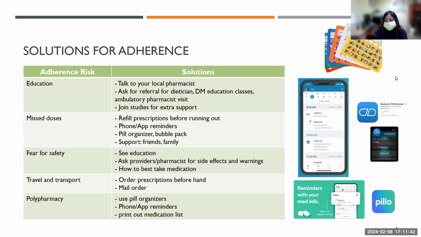But I will say that this would be more recommended if you are on a stable medication regimen. Whereas if you're constantly seeing a provider, maybe in the beginning of your visits, they might be adjusting your medication, and this might not be the best option. All right, move on to the next.